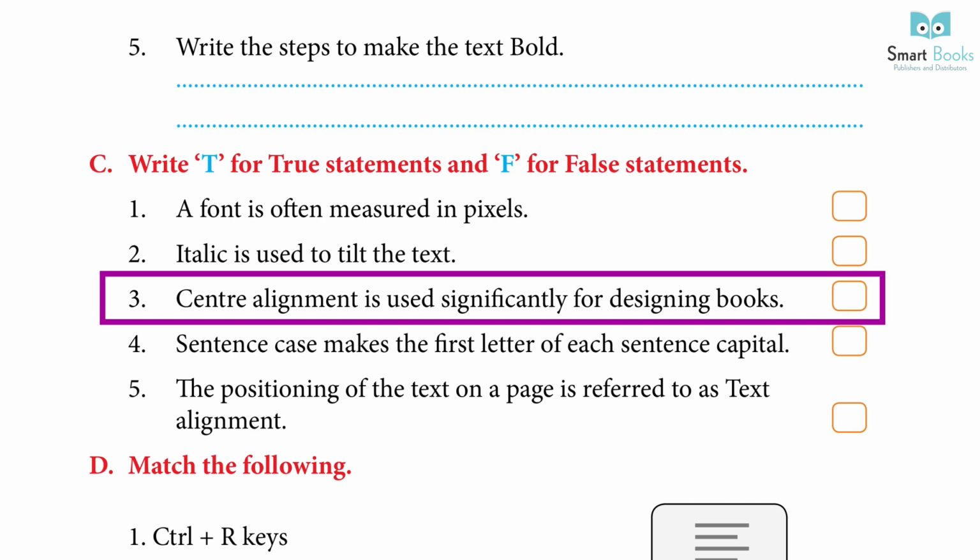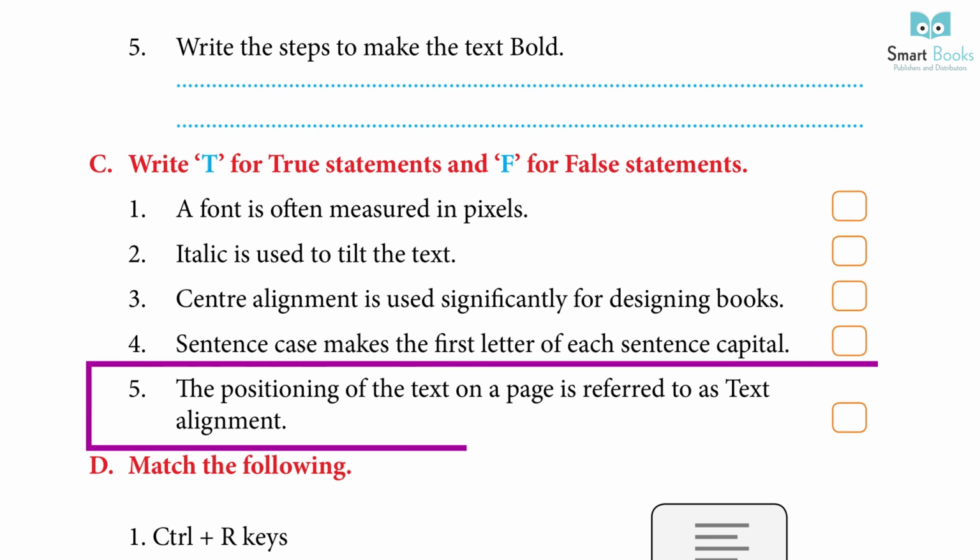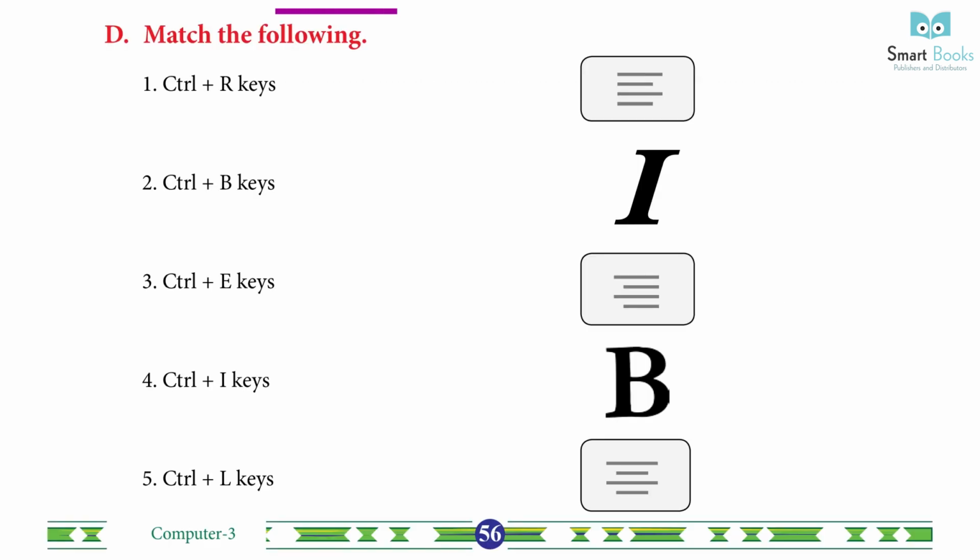Answer: false. 4. Sentence case makes the first letter of each sentence capital. Answer: true. 5. The positioning of the text on a page is referred to as text alignment. Answer: true.